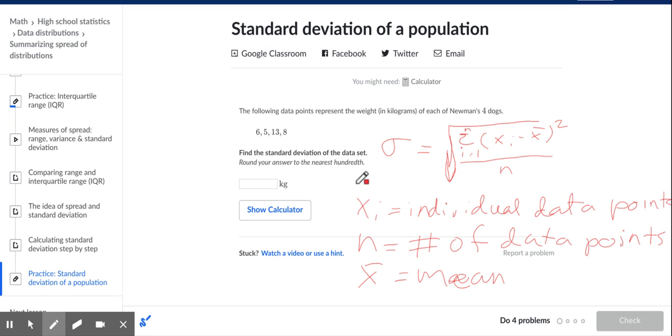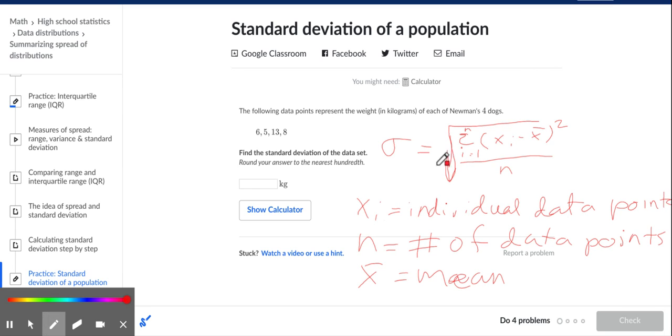Sigma stands for population standard deviation. This is lowercase sigma. I'm sorry, I called it delta earlier. Lowercase delta looks something like that, it's a little bit similar, but this is lowercase sigma.